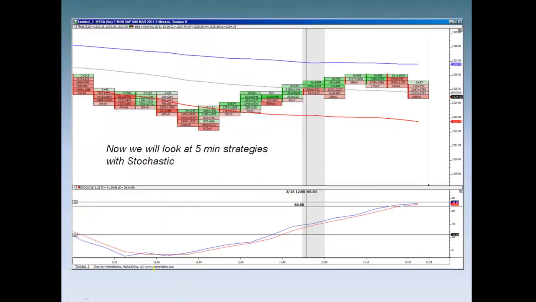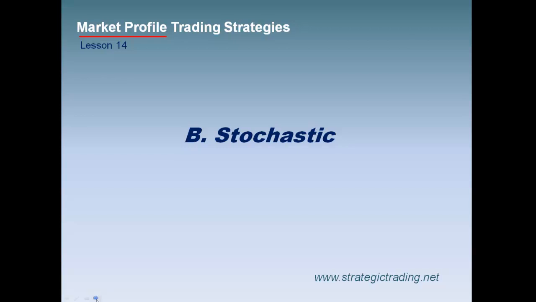All right. Now I want to introduce a different type of indicator. The stochastic is the one that we're going to talk about. It works far better in sideways markets and also with shorter time frames. So let's take a look at this stochastic and learn a little bit about it.